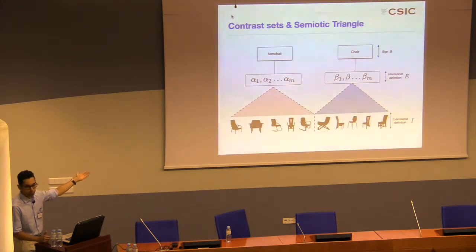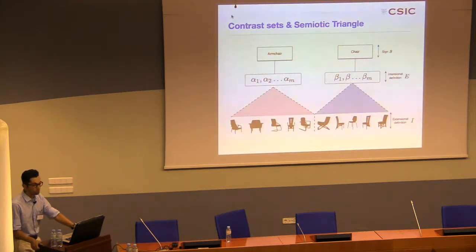Like, does it have arms? Does it have a back? And building an intentional definition, by opposition to the extensional definition, which is the set of all the examples in the domain.